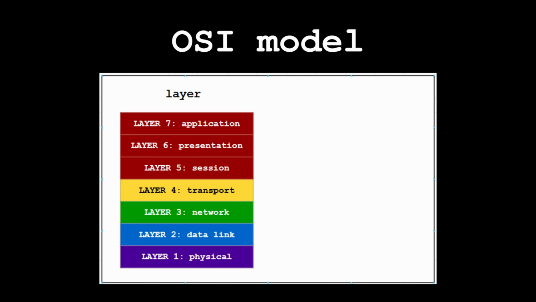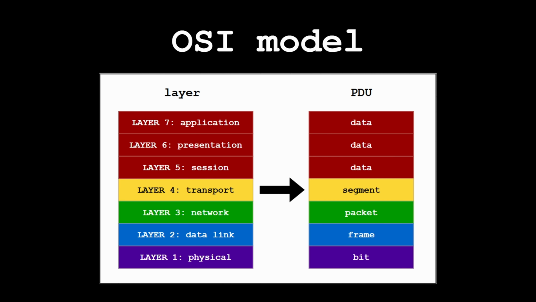And just like the TCP/IP model, the OSI model also has protocol data units, and they look exactly the same. The only thing to watch out for here is that layers 6 and 5, their PDUs are referred to as data as well. And why is that? Technically, that's because the presentation and session layers are part of the application layer in the TCP/IP model.